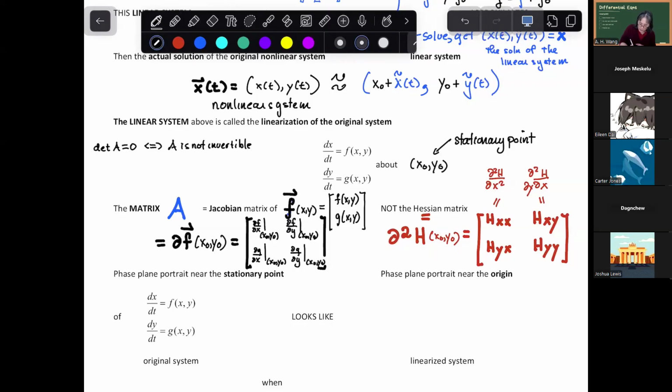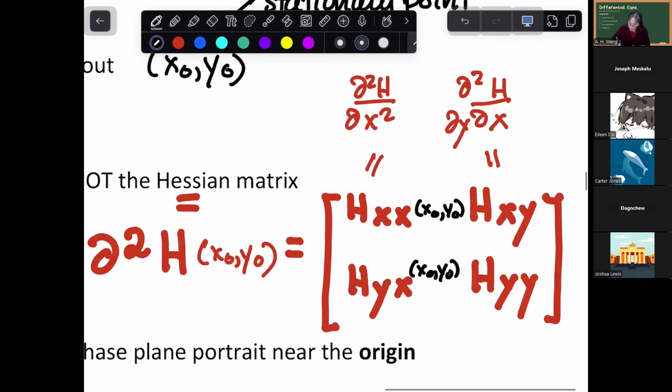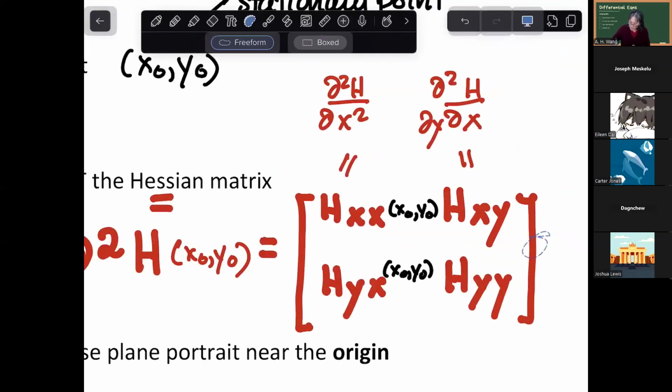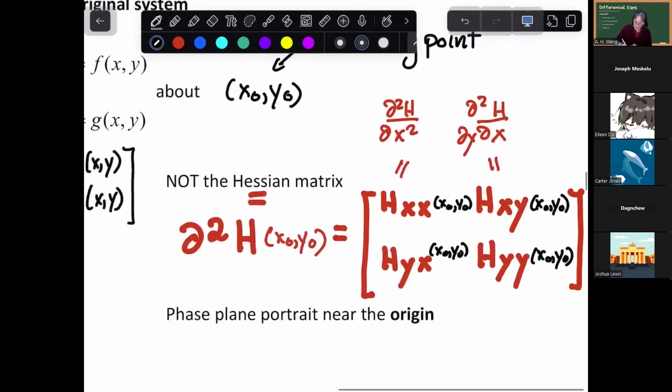And that means if it is not 0, then A is invertible. Of the 20 that you're supposed to memorize, 15 of them were invertible, and those are the most important ones. Okay. Oh, and over here, you would evaluate it after you plug this in, so you can plug in the x naught, y naught. That's because of this.